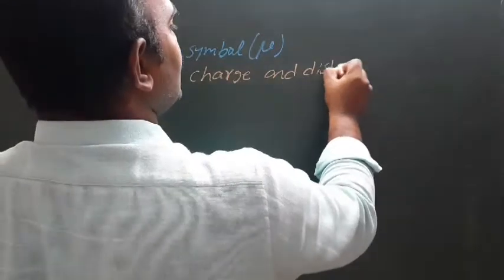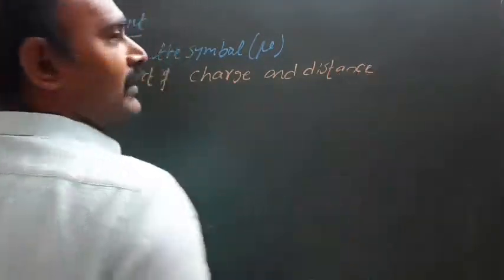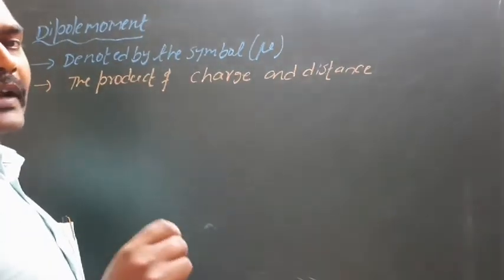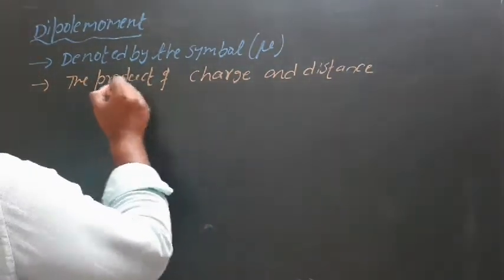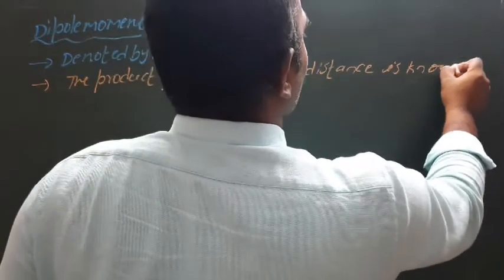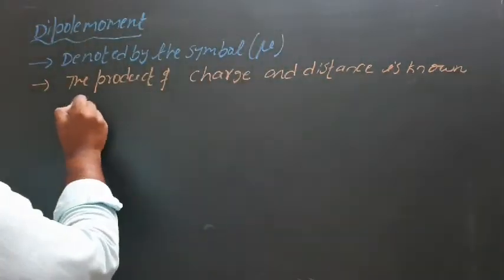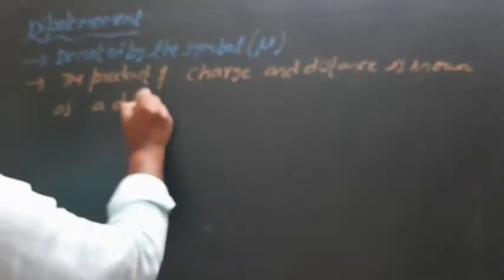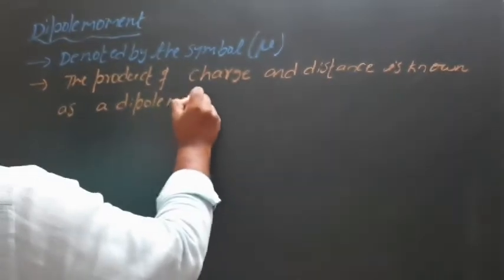Here distance means the internuclear distance between the two atoms in a bond. The product of charge and distance is known as the dipole moment.